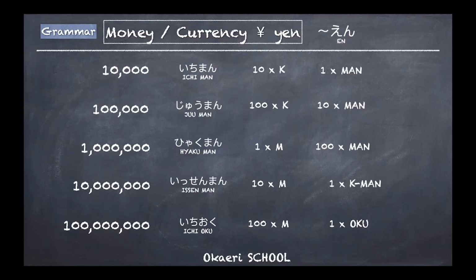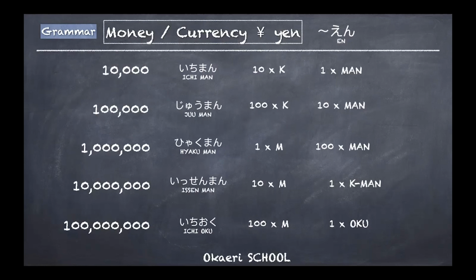But we still use this man. 100 man, so 100万. And then 10 million, we say 1000万, which we say 1,000 man. We have a name for 1,000, we have a name for 10,000.